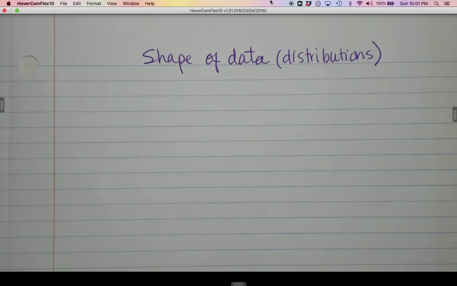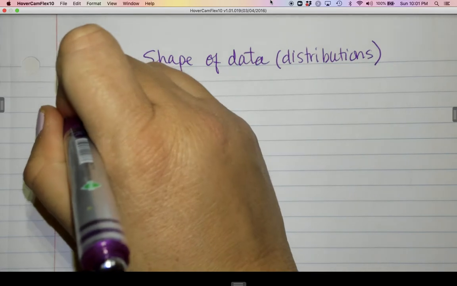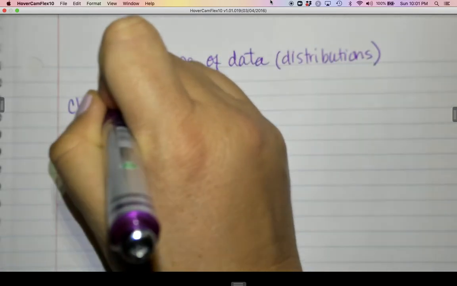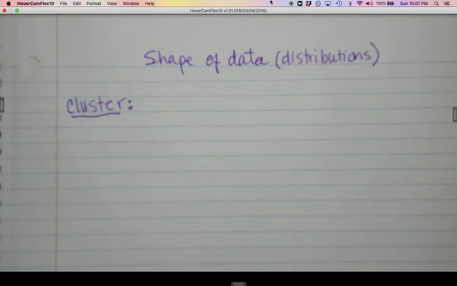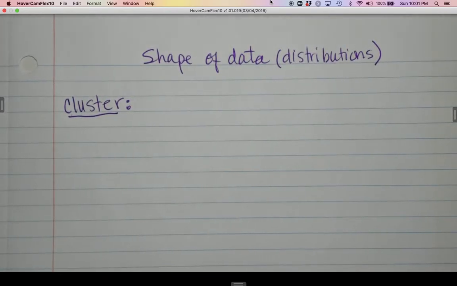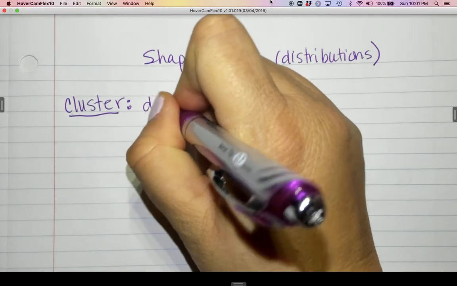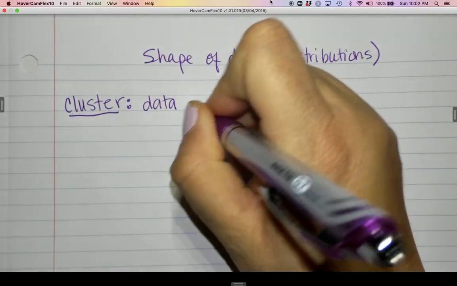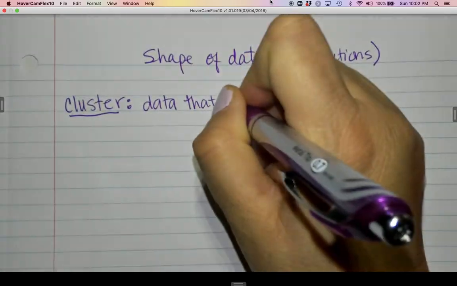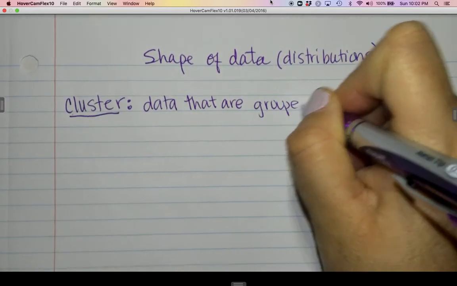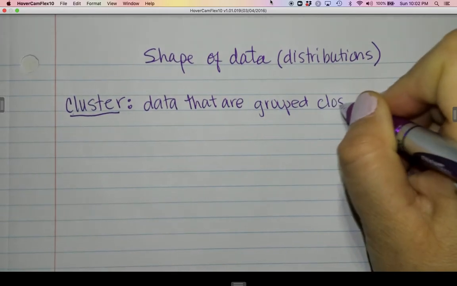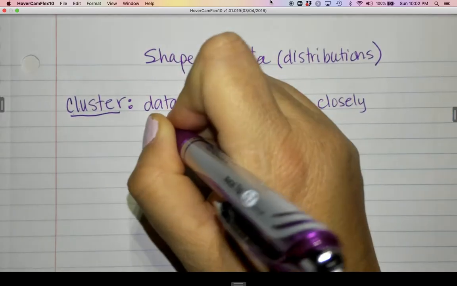So words that we use with the shape of data is cluster, and a cluster is data that are grouped closely together.